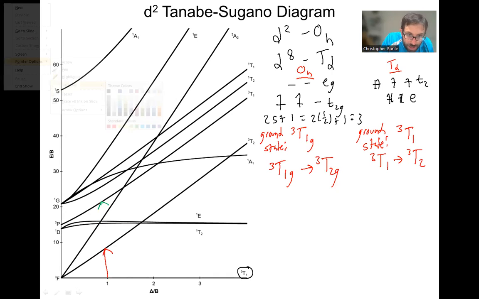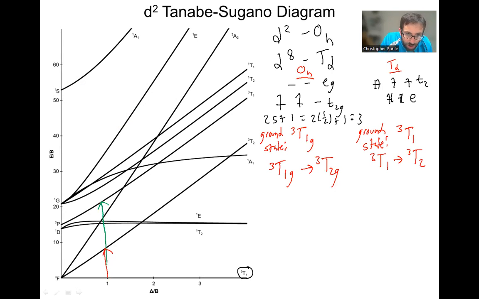So that is going to be our next spin-allowed transition. That's going to be higher in energy, so to occur at higher wave numbers or lower wavelength, we're talking about a UV-vis spectrum. So again, it's going to go from the ground state. We're always going from the ground state, but now the excited state is another triplet T1g, because there's T1 here.